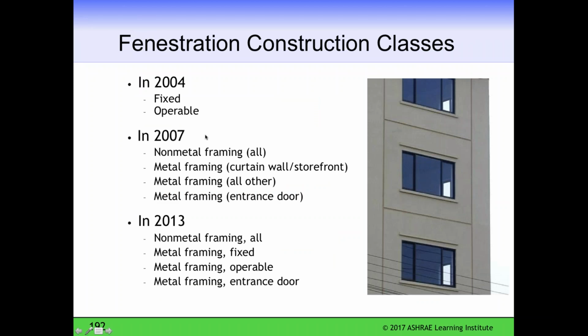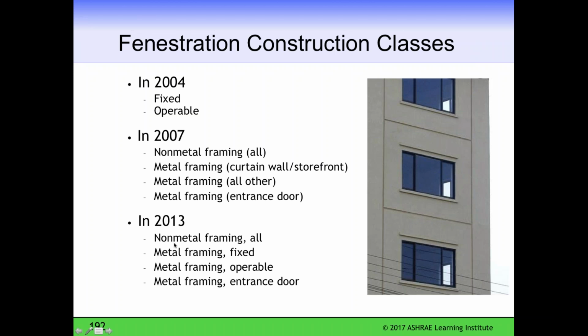So for fenestration construction classes, in 2004, there were just two types of construction class: fixed windows and operable. In 2007, that went to non-metal framing of all types, metal framing curtain wall, metal framing all other, and metal framing entrance doors. Entrance doors with any glass in them are so difficult to have a rigorous insulation value that it's much less rigorous in its compliance requirements from the other types of fenestration.